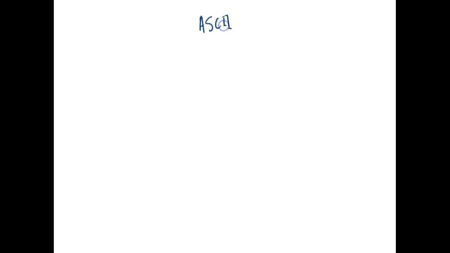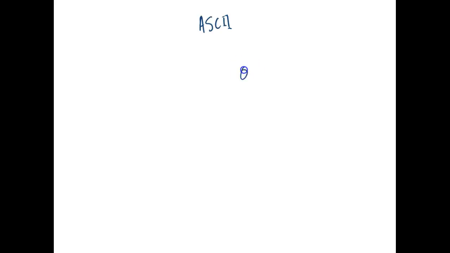Even though they had 8 bits of data to work with, they only used 7 bits. Why didn't they use 8 bits? Because they reserved the eighth bit for something called parity.